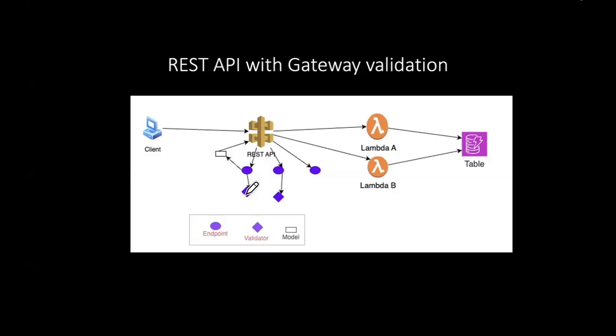You might have expected the validator to refer to the model, but when I tried to hack up some code to get all of this working, the endpoint pointed at the model that it wanted to leverage, and it also pointed at the validator that it wanted to use.